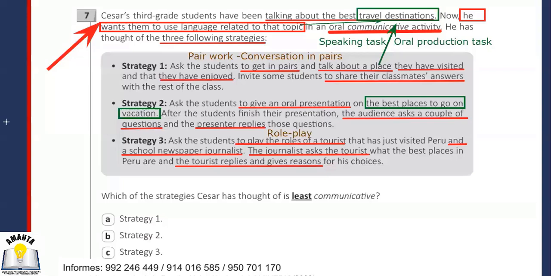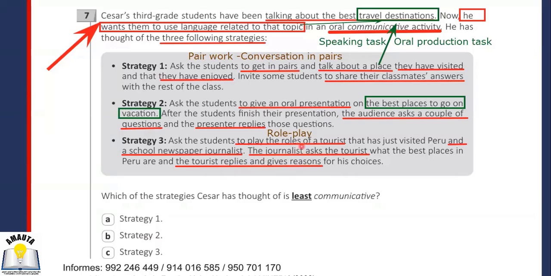We have interaction here, right? In a role play, there's always interaction between students, right? Students generate questions, formulate questions, all right? Students also think about the language and use the language to give the answers, right?